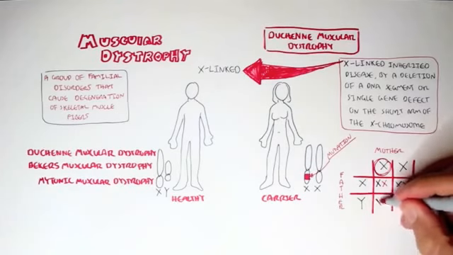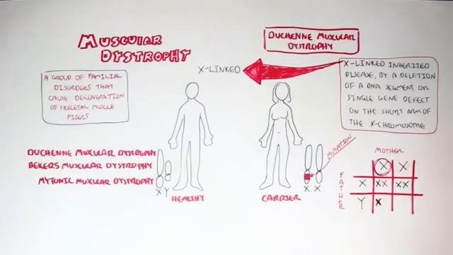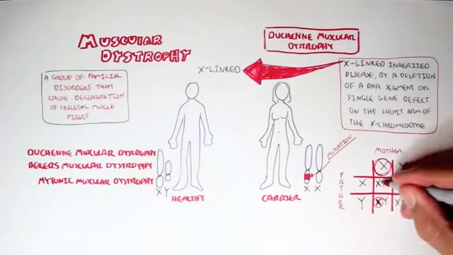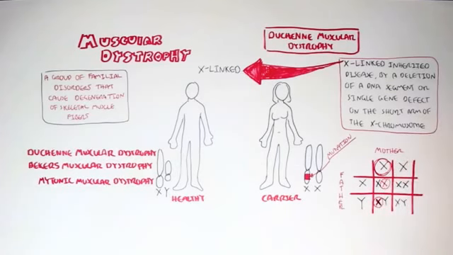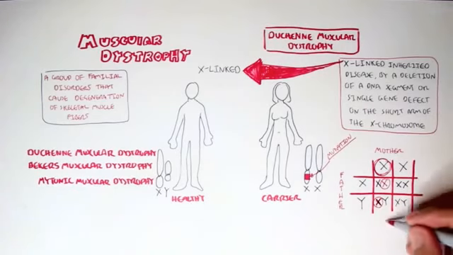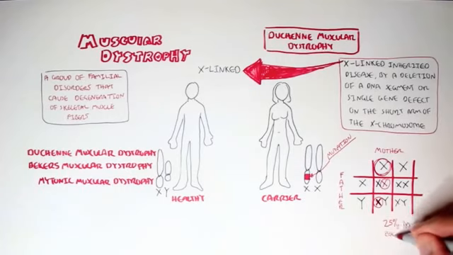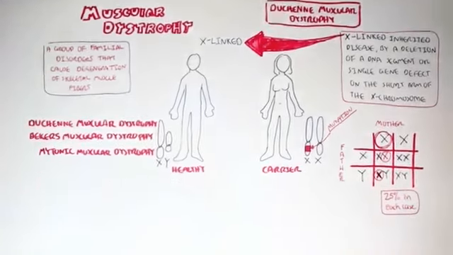Then we have the mutated X from the mother again, this time with the Y chromosome of the father, making a male, and another male, XY here. As you can see, we have two of the mutated X chromosomes, one female and one male. Essentially, there's a 25% chance of each of these happening.